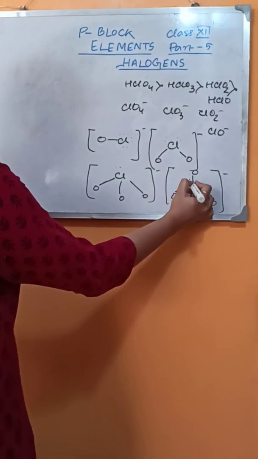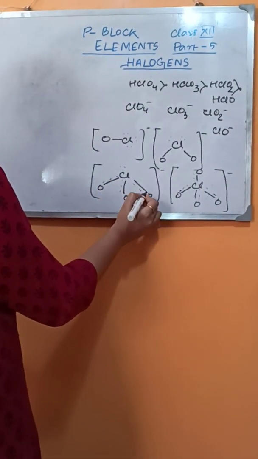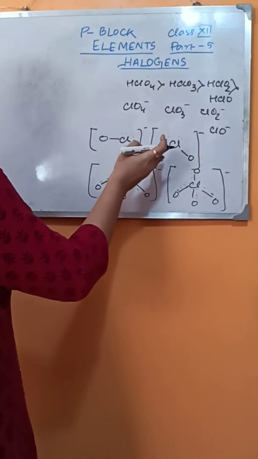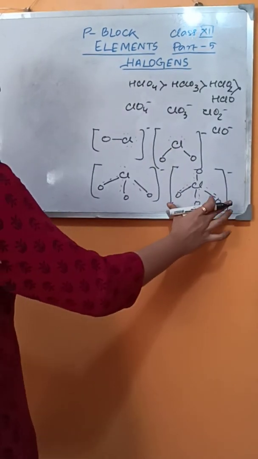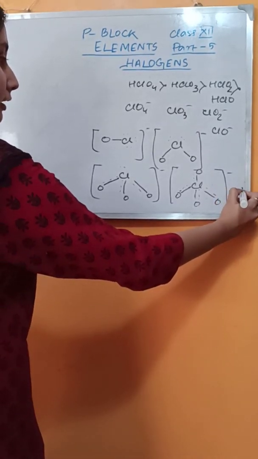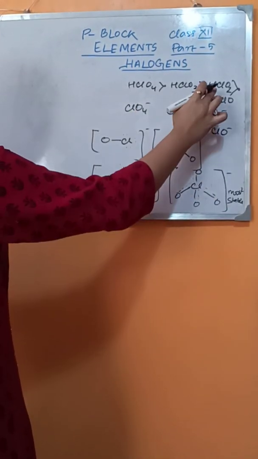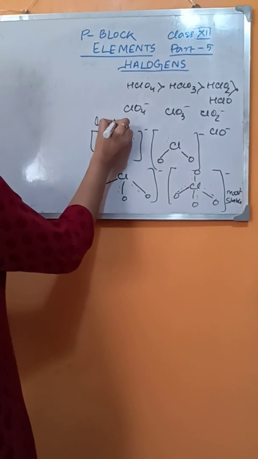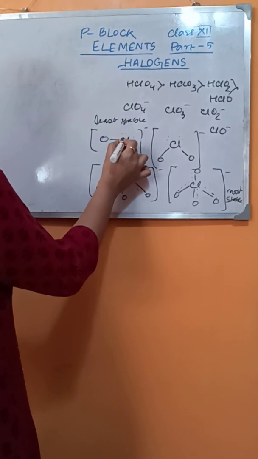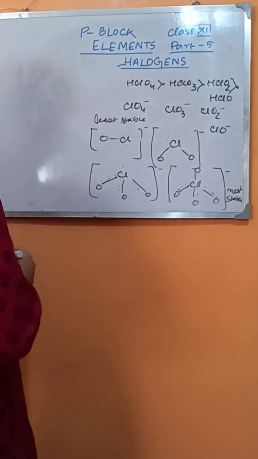It will easily delocalize the electron cloud on chlorine. 3 oxygen atoms can also delocalize the electron cloud on chlorine more than that of 2, which is more than that of 1. So the conjugate base ClO4 minus is most stable. And the conjugate base of HClO is least stable, because the electron cloud on chlorine cannot be easily delocalized by 1 oxygen atom.